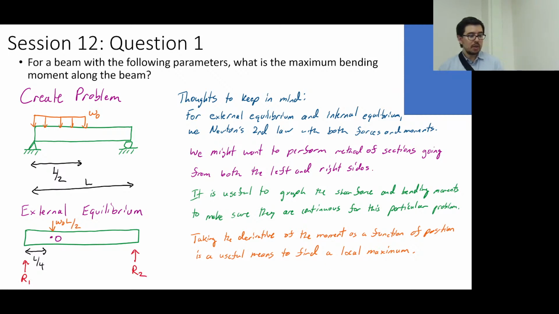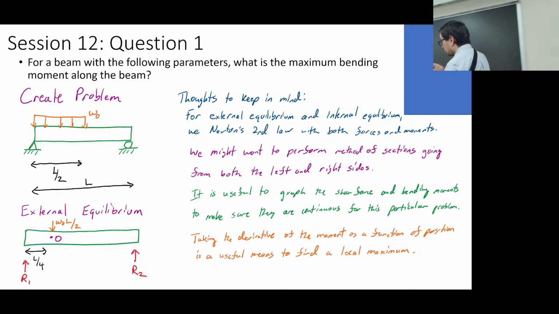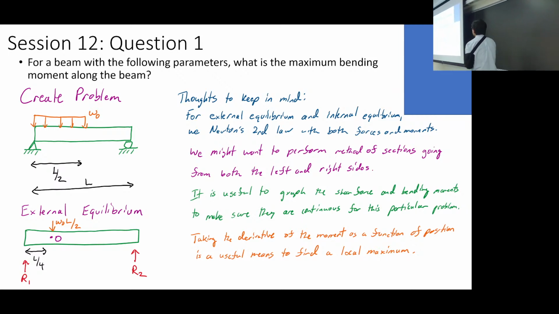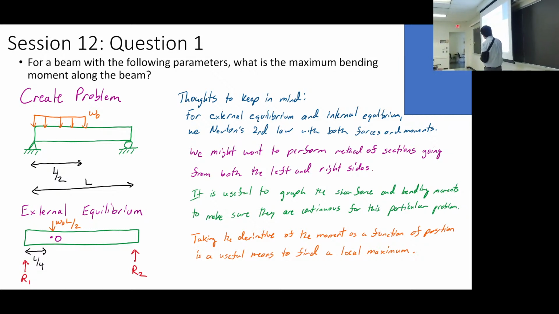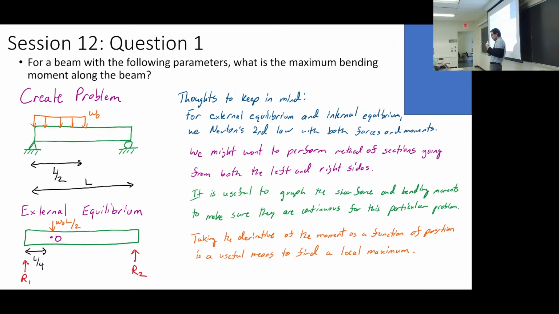As we approach this problem, let's do the 3 things that CDL suggests. One, we create the problem, which was created for you, and the second is performing external equilibrium. What's interesting with dV/dx equal to w, which we mentioned yesterday, is that it's a formula that relates an external load to an internal force.